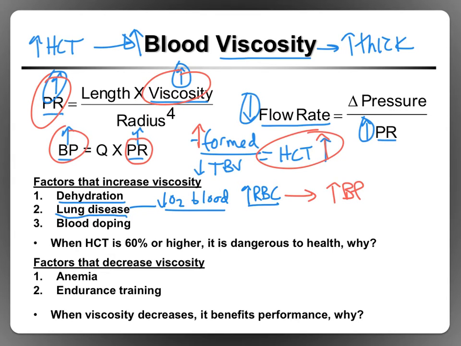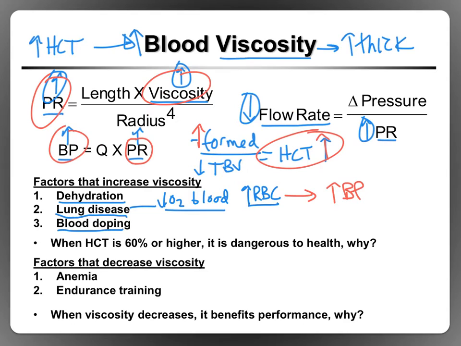Another factor that affects blood viscosity is something called blood doping. And there's different ways to do this. The original style of blood doping was that an individual would draw some of their blood, maybe 500 milliliters of blood, and let their body regenerate their own blood.